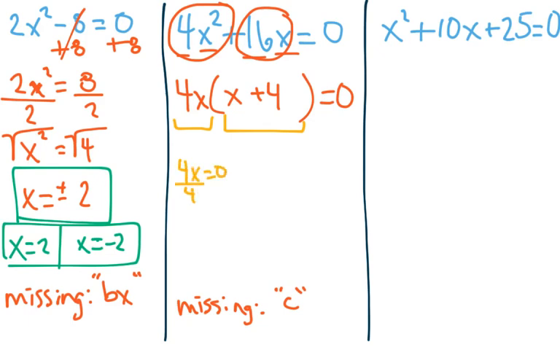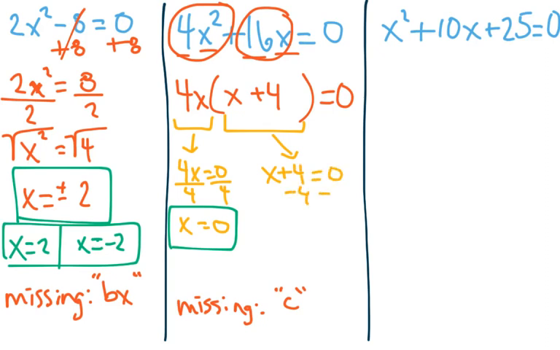Divide both sides by 4, and I get x equals 0 as one of my solutions. And now I'm going to take this one to the side. X plus 4 equals 0. Subtract 4 from both sides, and I'm left with x equals negative 4 as my solution.